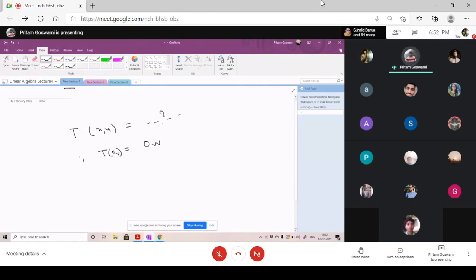You have to check it first. Then you have to check if T of a x plus y is a into T of x plus T of y or not. If these two conditions are met, you can say that it is a linear transformation.